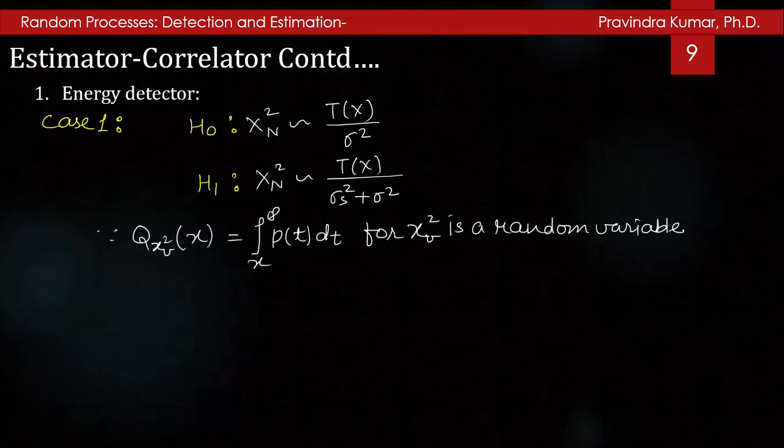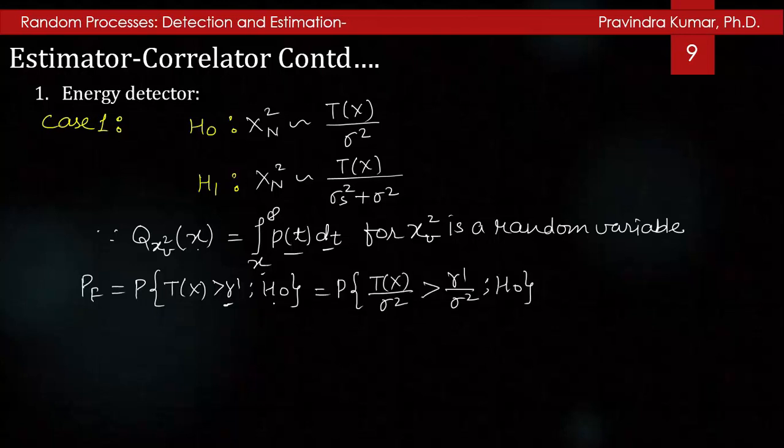And here the Q function of x, where chi square is a random variable, will be equal to the integration from x to infinity of p(t) dt. So the probability of false alarm will be the probability of test statistic greater than gamma dash under hypothesis H0. So it will be the probability of T(x) by sigma square greater than gamma dash by sigma square under hypothesis H0.